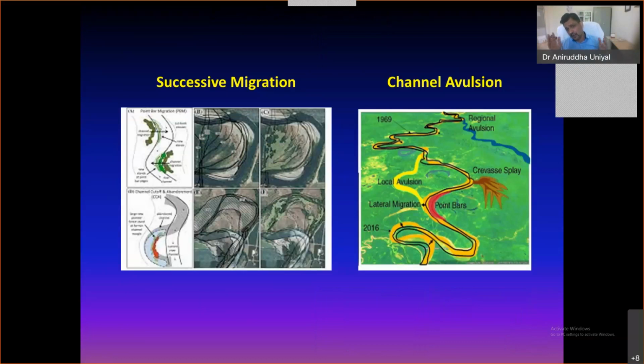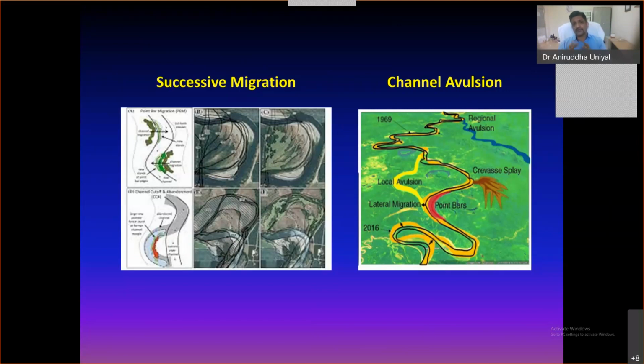Now, when we talk about channel migration or bank line shift of rivers, what is it all about? Rivers generally move in two ways, and they have three stages. When a river flows through hill regions, it is in its early stage of evolution, called the youthful stage, where it forms gorges, the valleys are narrow, the valley walls are steeper, and the channel is more or less straight, except in the areas which are tectonically controlled.